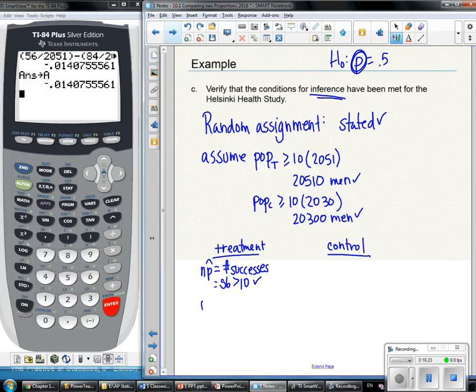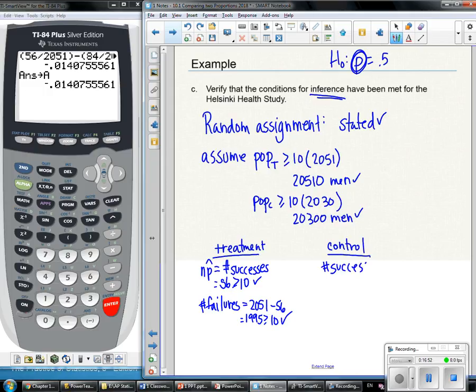And if I think about my number of failures, that's just going to be my sample size. My sample size was 2051 minus 56, and that is 1995. That is also clearly greater than or equal to 10, so that condition is met. I can do the same thing for my control group.